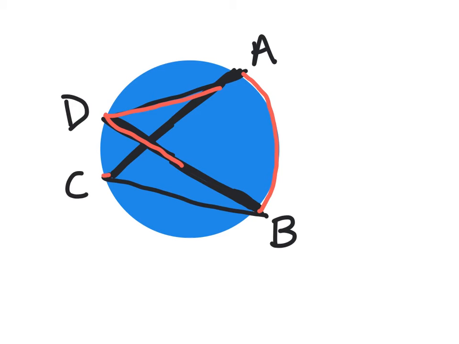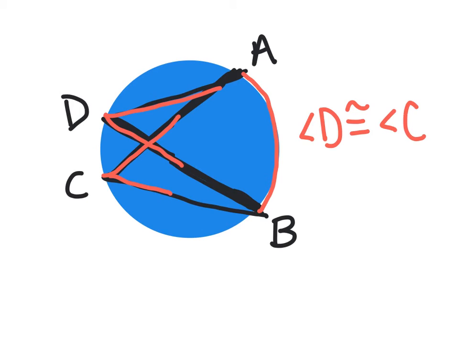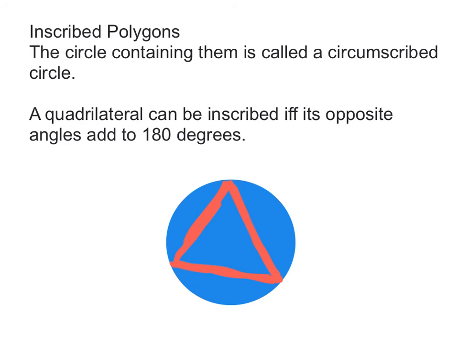But angle C, when you follow it, also opens up to the same arc. So what this means is angle D is congruent to angle C. That's what you need to be on the lookout for. If they open up to the same arc, they're going to have the same angle measure.